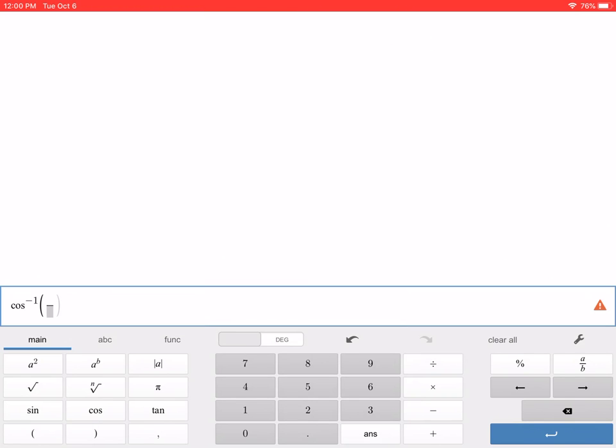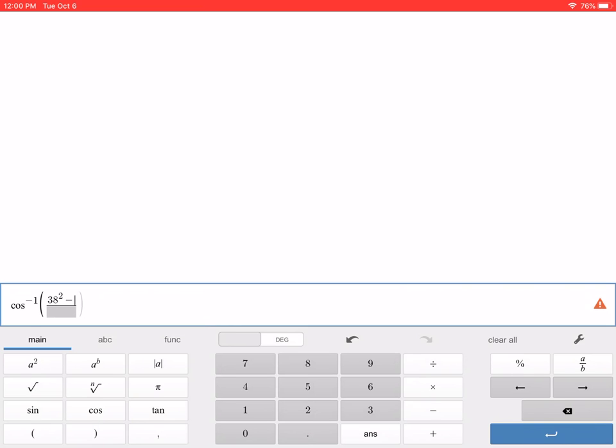And then I'm going to type my top line, so that's 38 squared minus 26 squared, or sorry, that's not minus, it should be plus 26 squared minus 30 squared. Okay, so I have the numerator done.